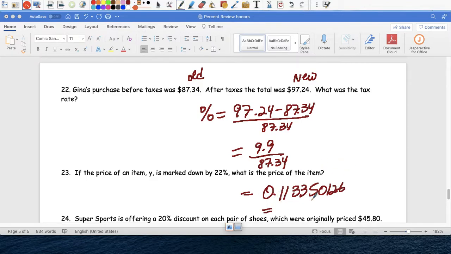Move the decimal over by 2 or multiply that by 100, we get 11.34%. So the tax rate was 11.34%. If you can rephrase this into a question where you can change it to an equation, you could have done that one as well. But this is less complicated, I think.